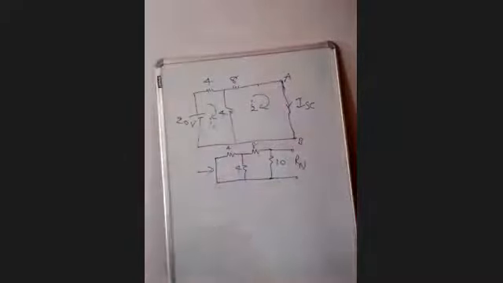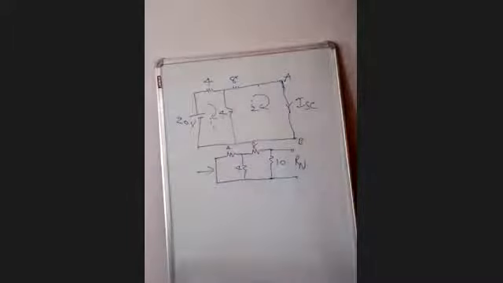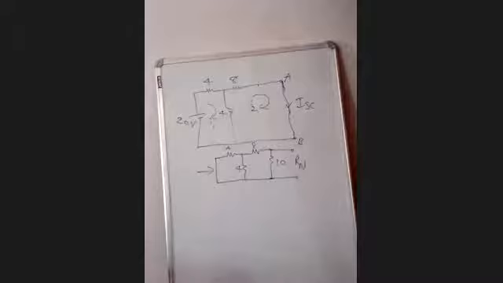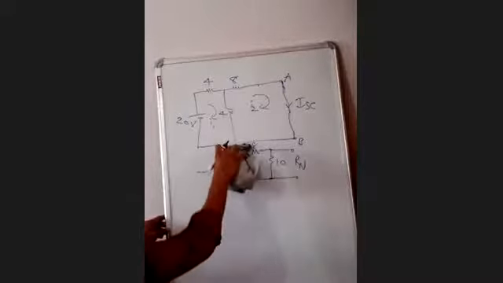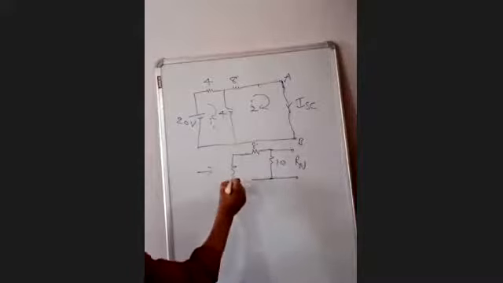See here, are 4 and 4 in parallel or series? Parallel. Then what is the equivalent of 4 and 4? 4 into 4 by 4 plus 4, it will be 2 ohms.